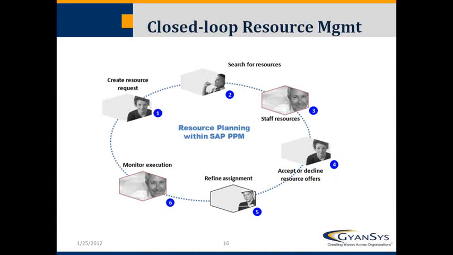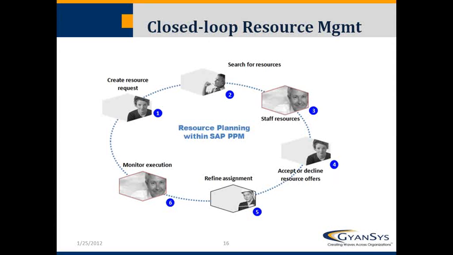Let's take a look at resource management, or closed loop resource management, as SAP views the world. And very quickly, you start off with item number 1, where a project manager creates a resource demand, and in this scenario we have a resource manager who searches for resources and staffs the project with a suitable resource, and we'll get into suitability and what that means later on.